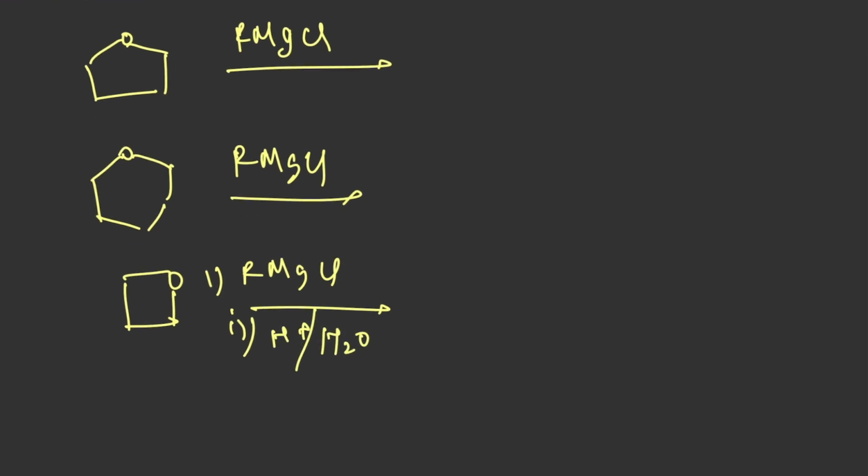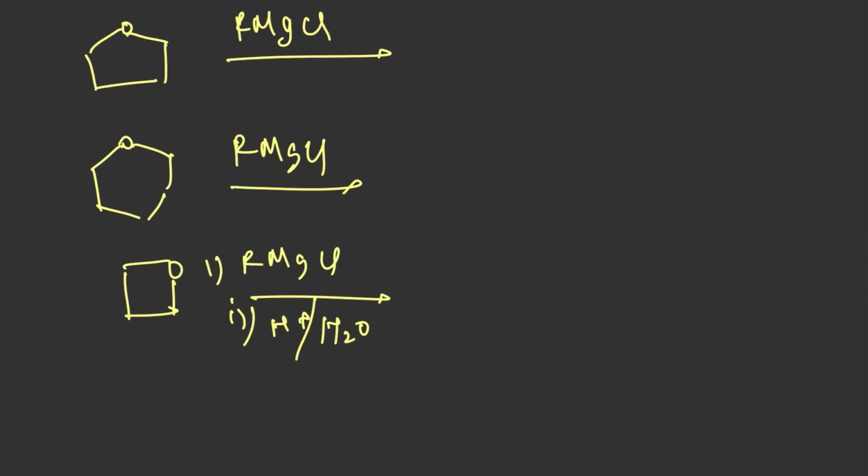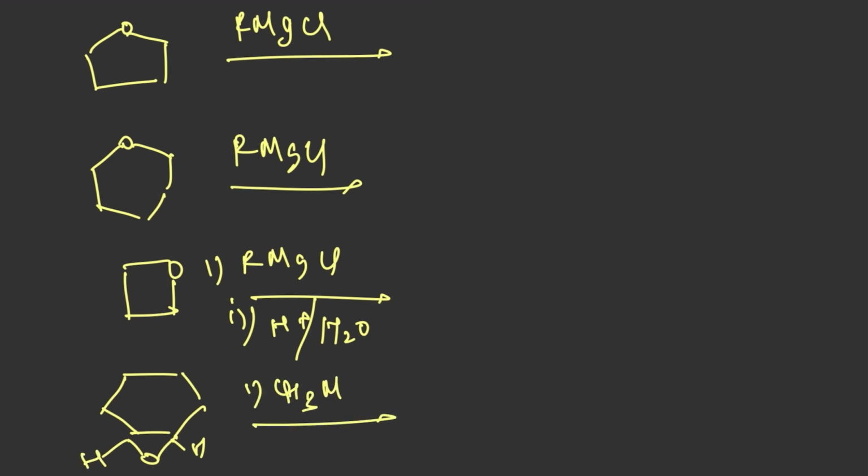And fourth we have CH3MgCl, second H+/H2O. So how does it form? First, it will not react because the ring is very stable; it will not open when this R reacts here.